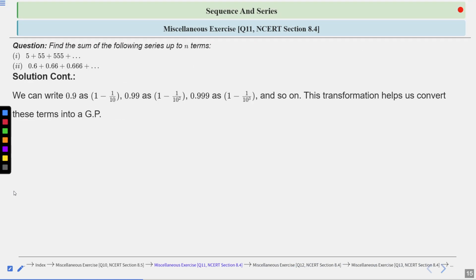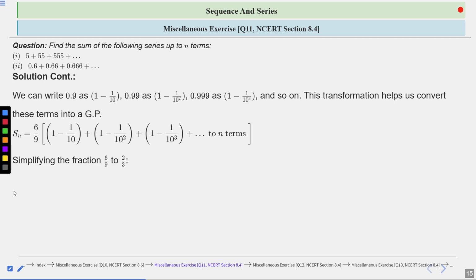We can write 0.9 as 1 minus 1 by 10, 0.99 as 1 minus 1 by 10 square, 0.999 as 1 minus 1 by 10 cube, and so on. This transform helps us to convert these terms into a geometric progression, right? So Sn will be equal to 6 by 9 into ((1 minus 1 by 10) plus (1 minus 1 by 10 square) plus (1 minus 1 by 10 cube) up to n terms).